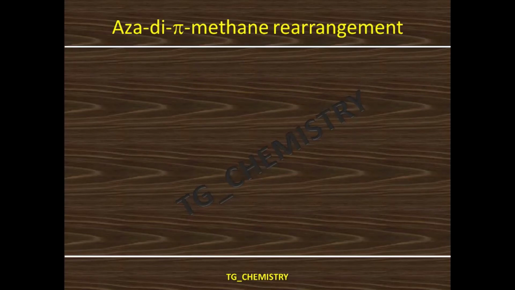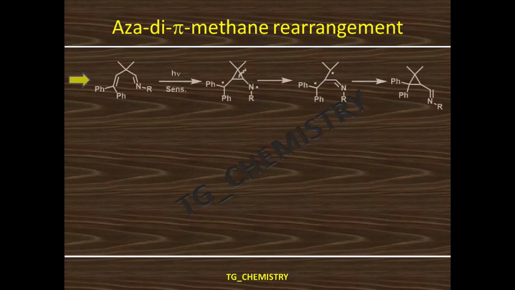Next comes the aza-di-pi-methane. As I said, if the heteroatom is nitrogen in a di-pi-methane system, then that should be termed the aza-di-pi-methane rearrangement reaction. This is a very easy example, similar to the oxygen one.